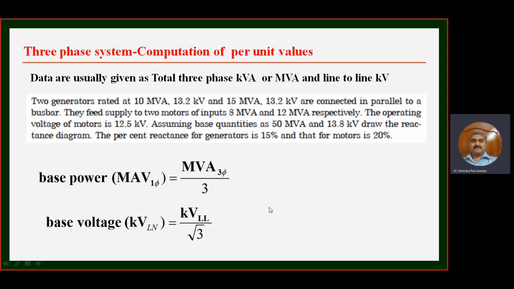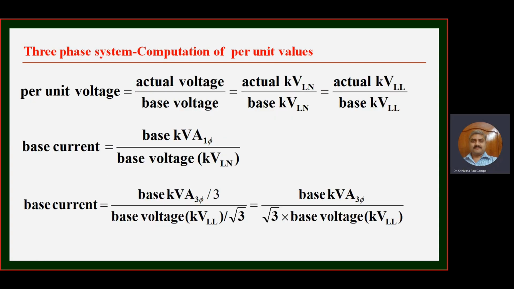So the fundamentals: the per unit voltage is equal to actual voltage by base voltage, and actual kVLN by base kVLN, actual kVLL by base kVLL. Because actual kVLN into root 3 by root 3 into base kVLN directly gives the actual kVLL by base kVLL. So whether you consider single phase values or three-phase values, the per unit voltage will not change.